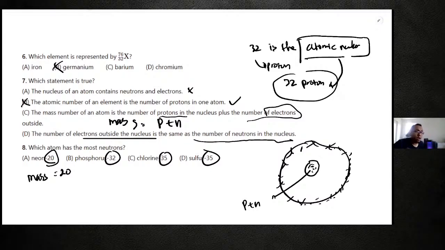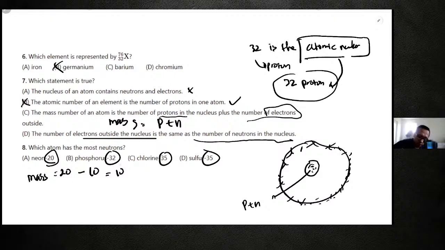So 20 minus the atomic number of neon, which is 10. We need to look at the periodic table, I will show you later on. 20 minus 10, so it should be 10.